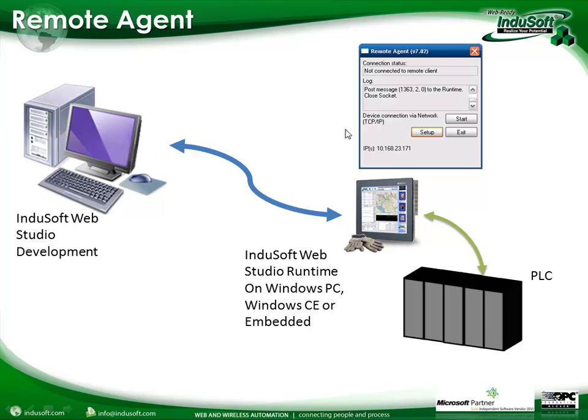Then you would download or update or manage files remotely, and then you could run your application by starting it from the development environment, starting it on the remote PC.